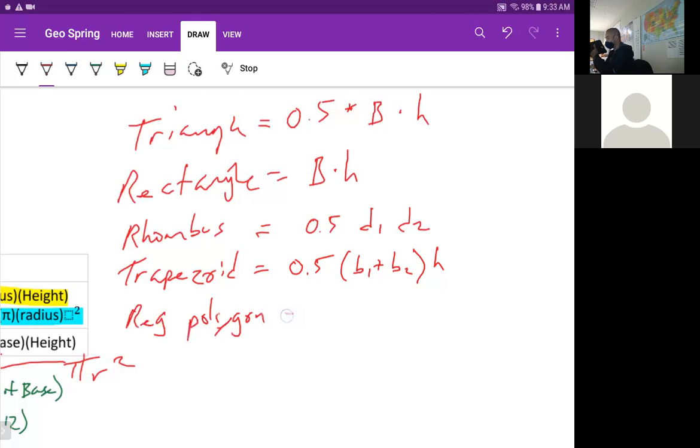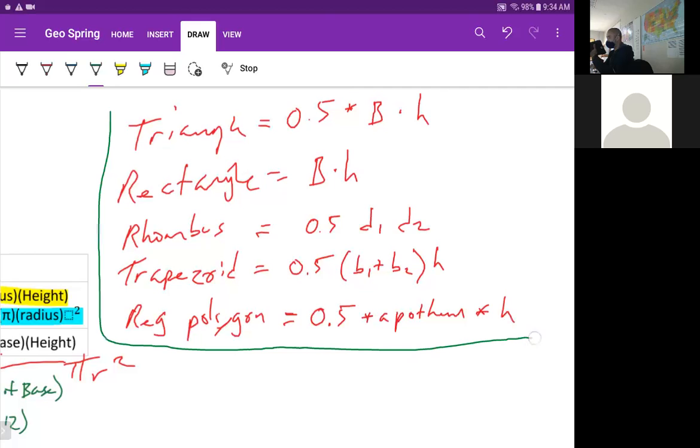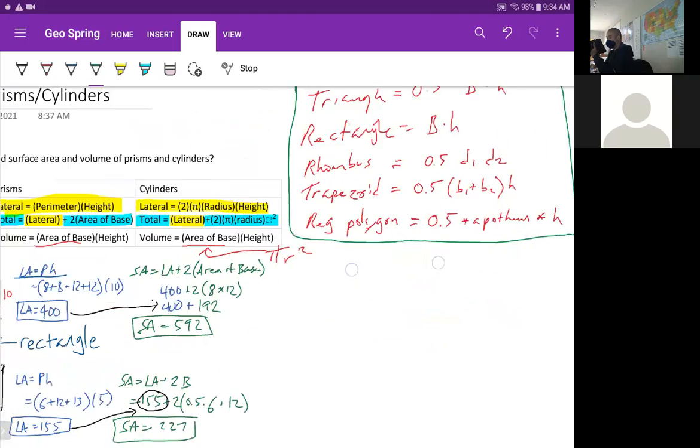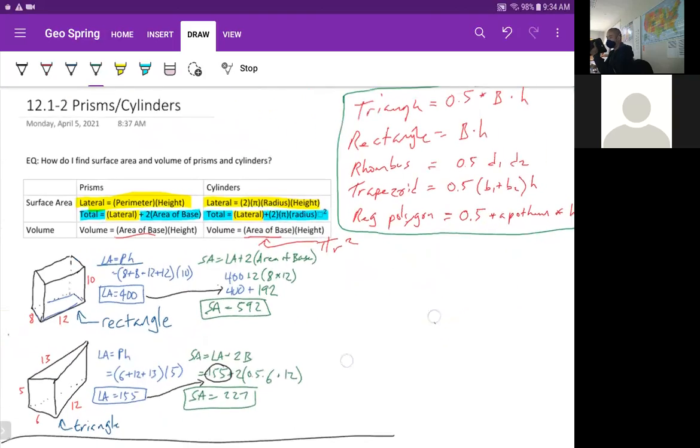I think you'll see some of those. That's 0.5 times the apothem times the perimeter. We saw some of that in unit 10. I'll leave that there for those of you that don't have this formula sheet. And then let's just do these 3 examples for volume.